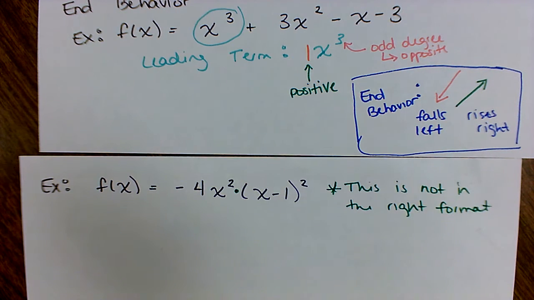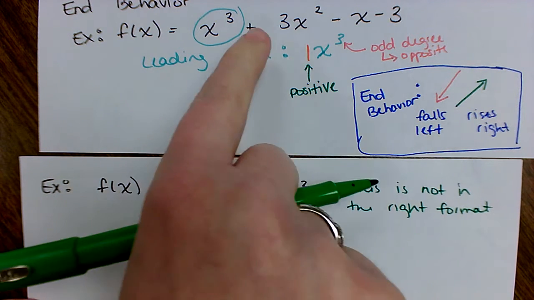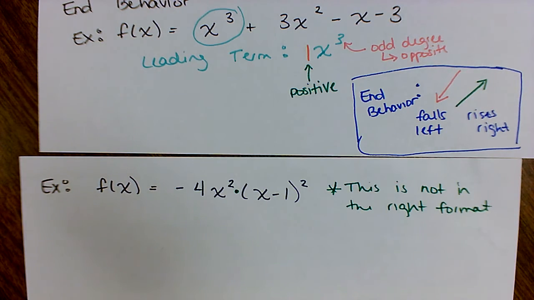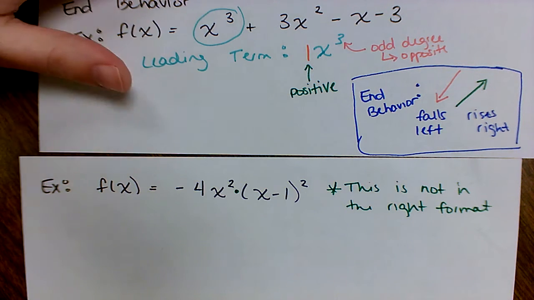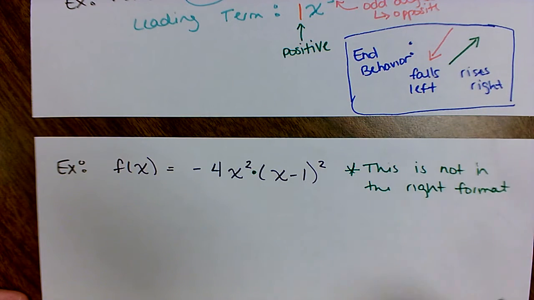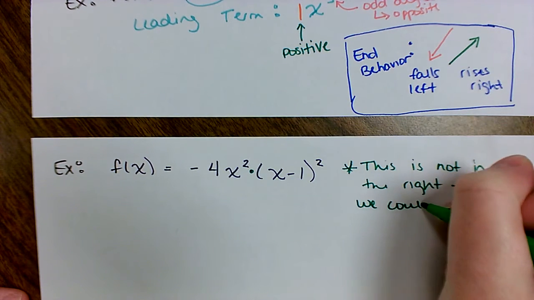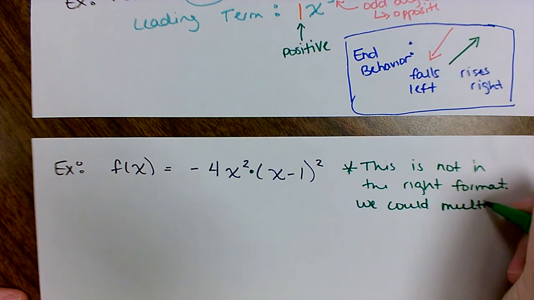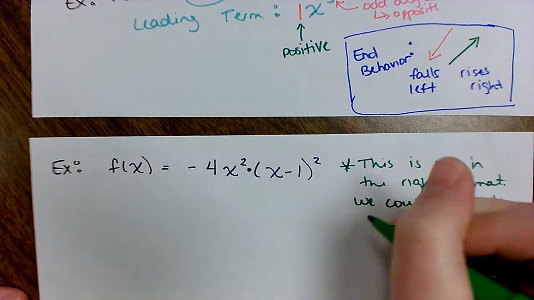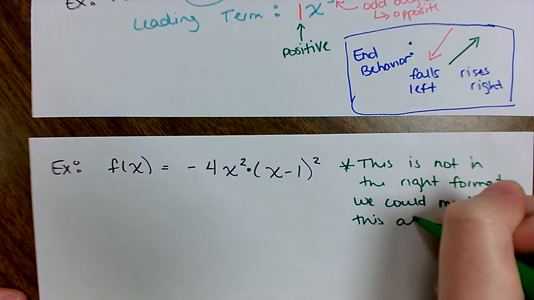Because it's being multiplied and hasn't been multiplied together yet, I can't exactly see what my term with the biggest exponent is, because it's going to get multiplied and it's going to get bigger. So this is not in the right format. So we could multiply this all out.